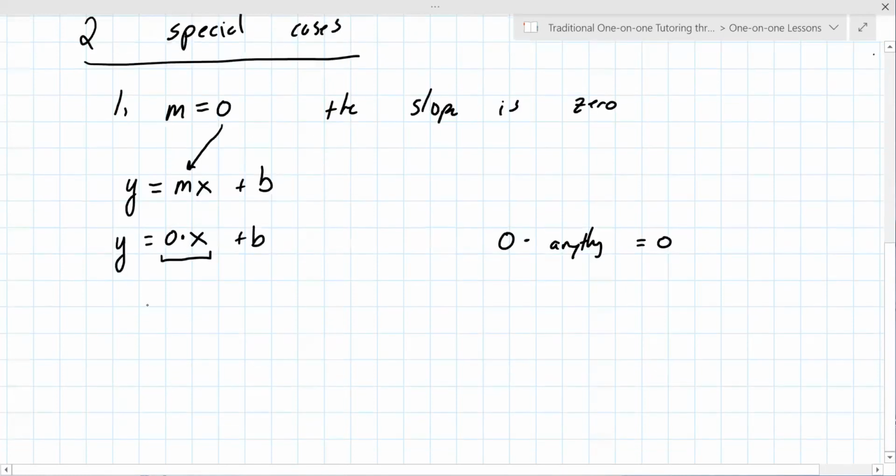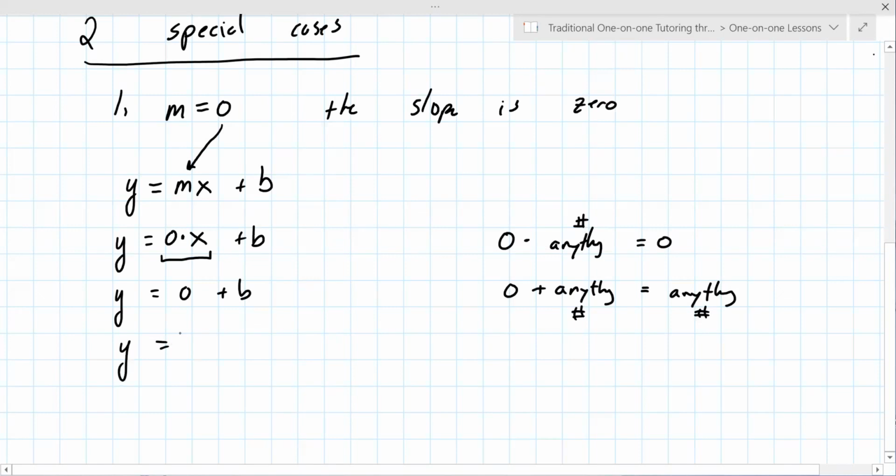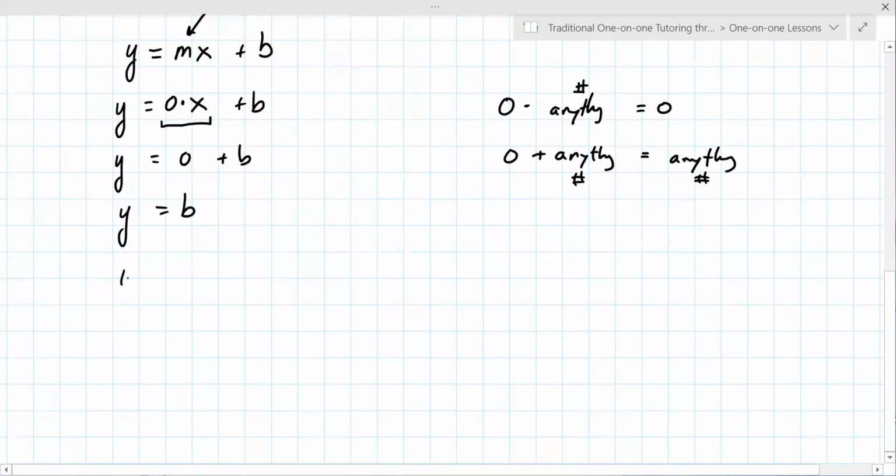So this simplifies to 0 plus b. 0 plus anything becomes that anything. So this becomes b. Here's how you want to read this: y is always whatever number is over here.